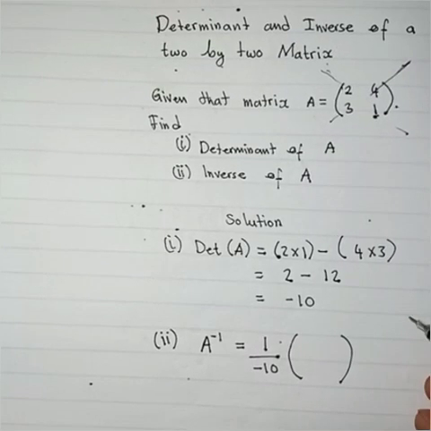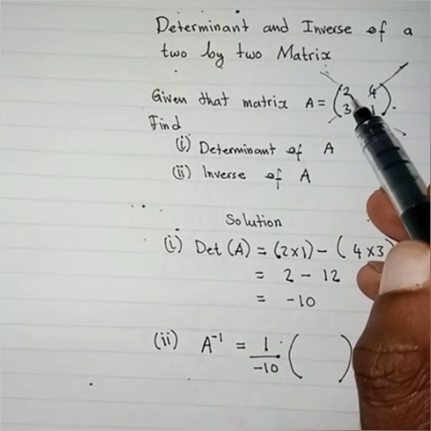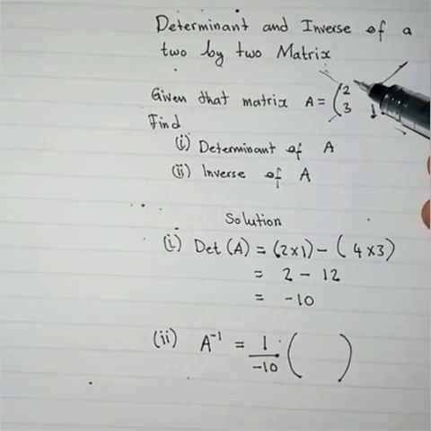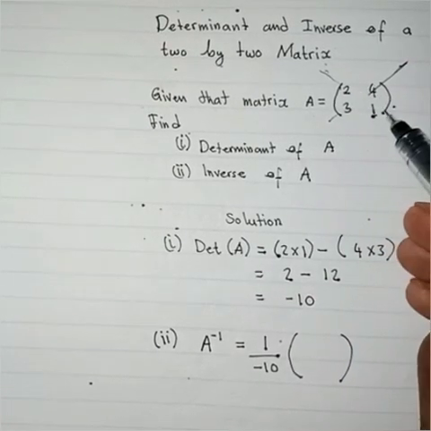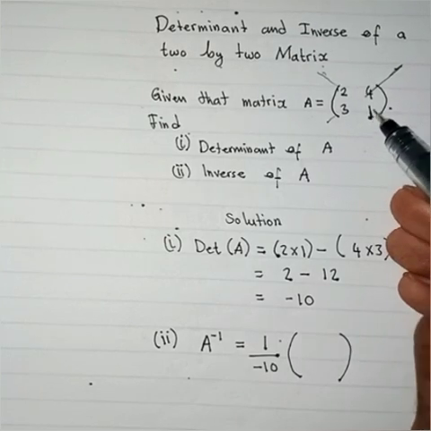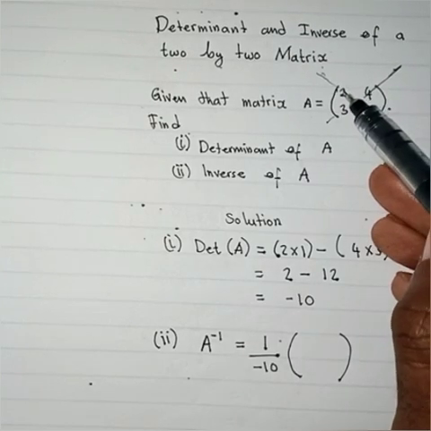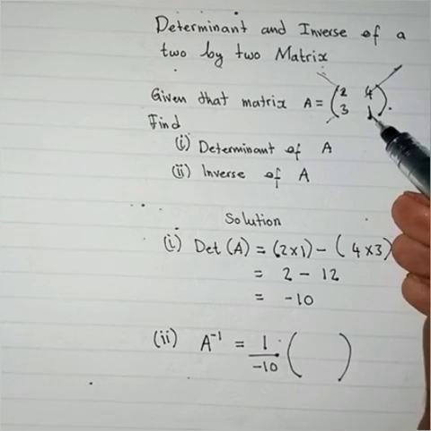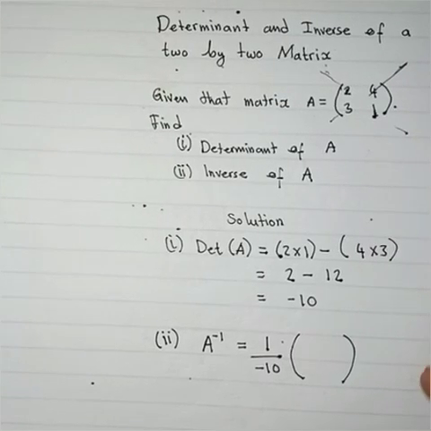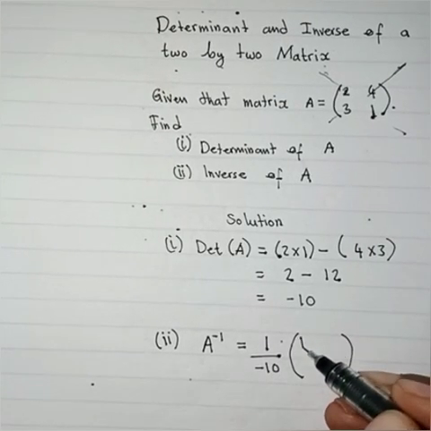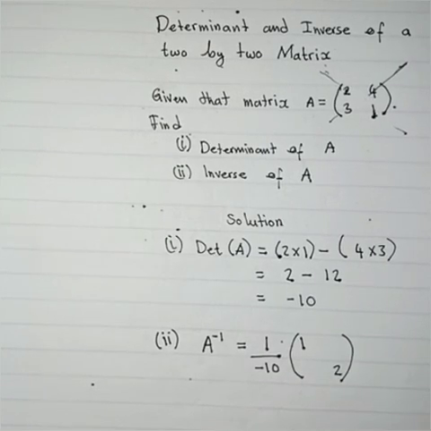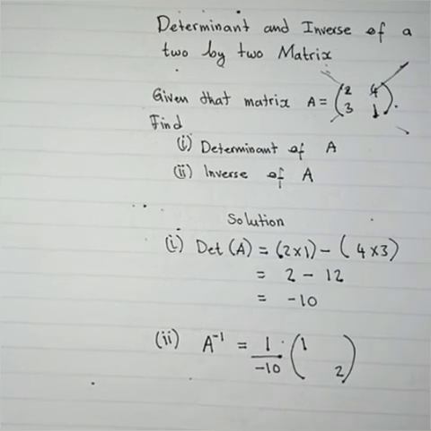Now, let us look at the original matrix A. So we are going to do a simple transformation. This one will take the position of 2, and this 2 will take the position of 1. They will swap, 1 and 2, like that.